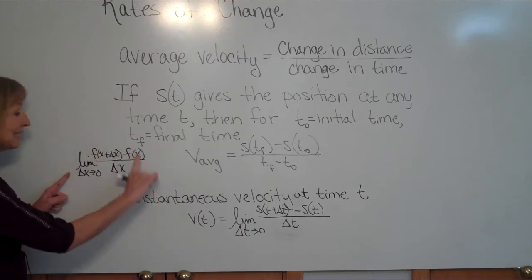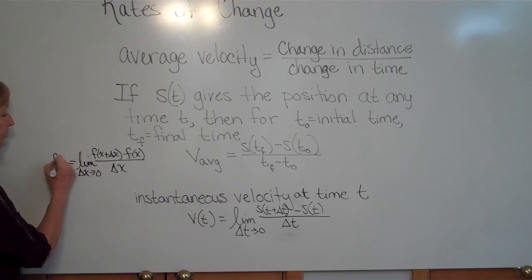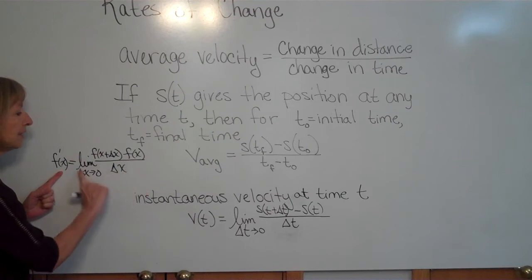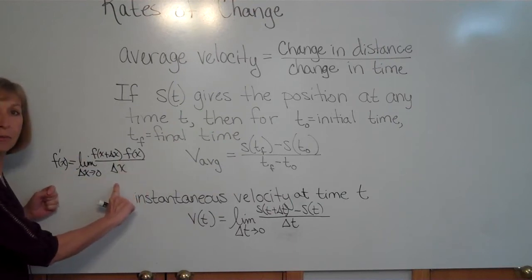That was the definition of the derivative of our function, and that derivative gave us the slope of the tangent to that function at any given value of x, whenever that limit exists.